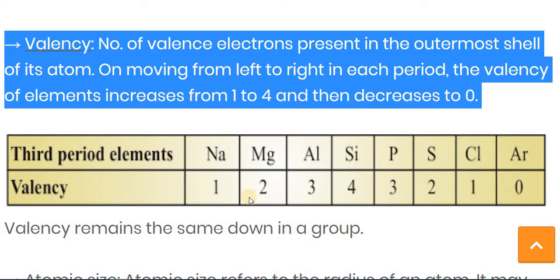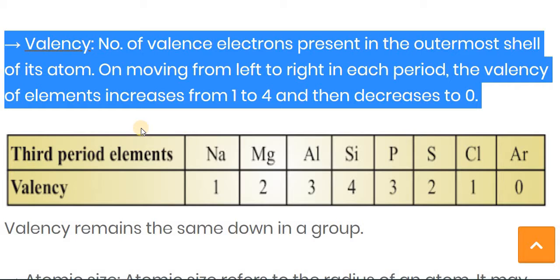So at the start of the period it is increased from 1 to 4 and then it is decreased from 3 to 0. So we can say that if you are moving from left to right in the period, then the valency increases from 1 to 4 and then after it is decreased from 4 to 0.